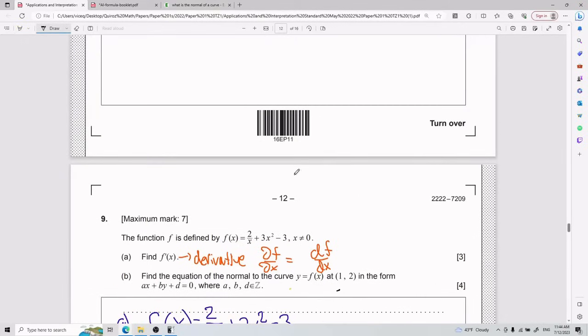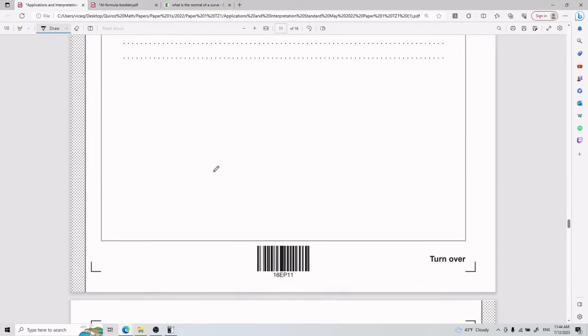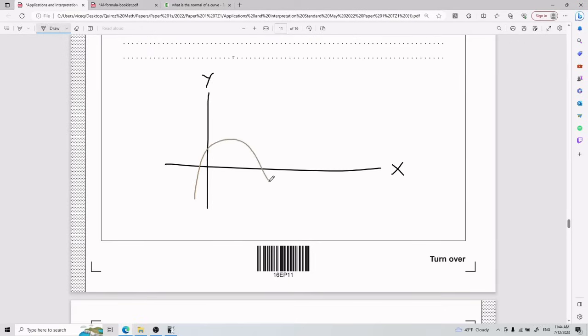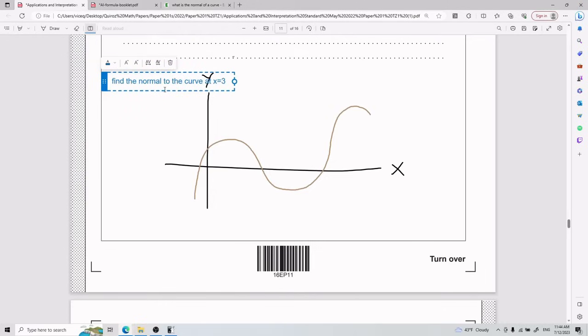This, I'm just going to assume, looks a little bit like a parabola. Okay? What I'm about to do now is really to explain what normal to the curve means. So you can have x and y. Let's say you have a line that looks, whatever, like this. And I say, find the normal to the curve at x equals, I don't know, 3.